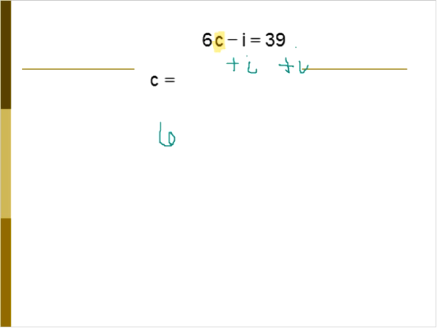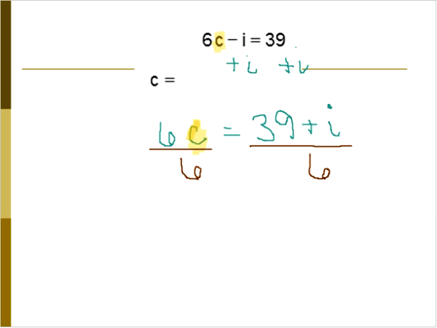So that gives me 6c equals 39 plus I. I still need to get c by itself, so right now I have 6 times c. The opposite of multiplication is division. So let's go ahead and divide both sides by 6. And notice that I am dividing all of 39 plus I by 6, not just the 39 or not just the I. So a couple ways we can write our answer.